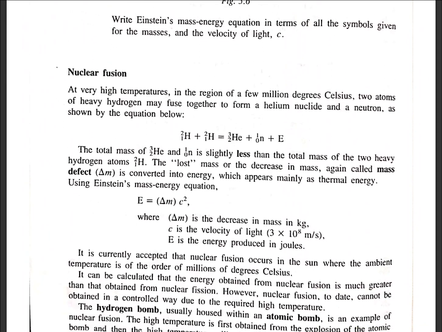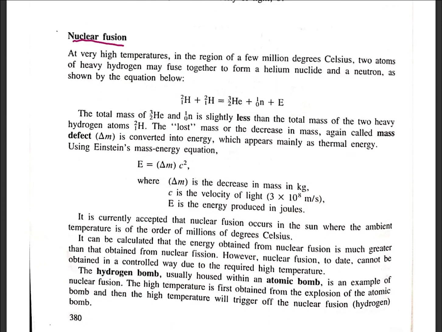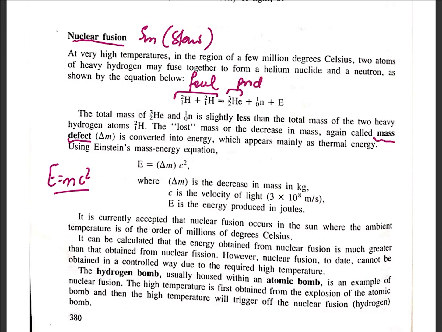And we did discuss nuclear fusion last time, that it is actually the combination of two smaller nuclei to become one larger nucleus. And we did study the term that was mass defect, which was E equals mc squared. And fusion, be mindful, is only happening at the sun, or you can say it's only happening on the stars, and hydrogen is actually our fuel, and helium is our product.